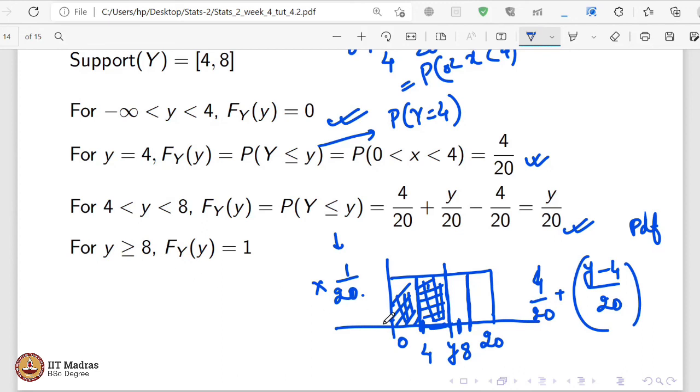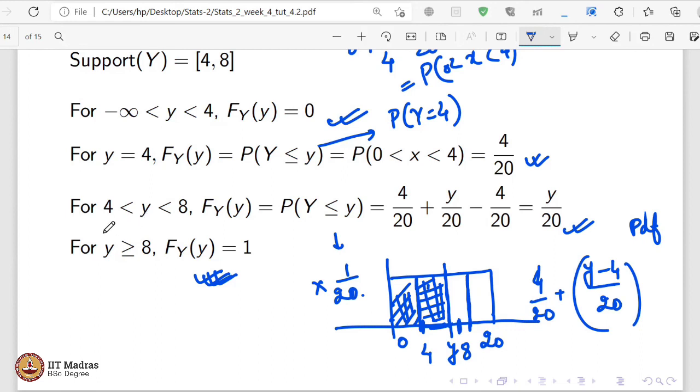And you can see at greater than 8 the CDF will be 1 always, right? So this has been broken into 3 parts. So for y from minus infinity to 0, the probability was 0, and then at 4 there is a sharp jump, and the probability we have calculated as 4 upon 20, because at y equals to 4 the x generally lies from 0 to 4, so we have calculated the area.